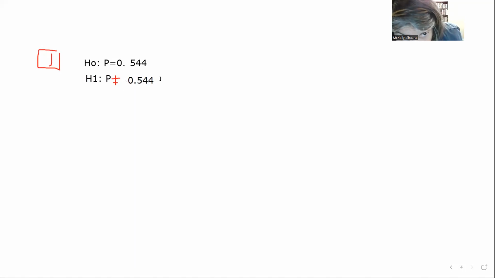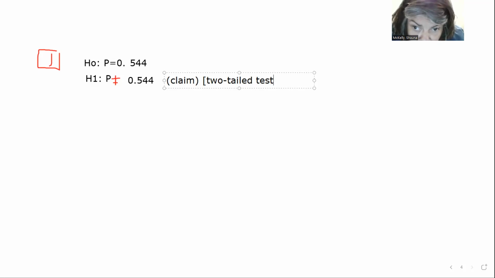Now, that makes this the claim, and it makes this a two-tailed test. Because again, we have the not equal to, two-tailed test. We don't need to worry about the statistical equivalent here because we already have the equal to. So we've got our pieces of step one.